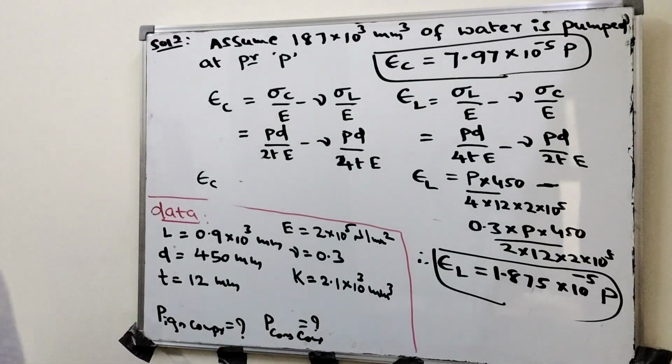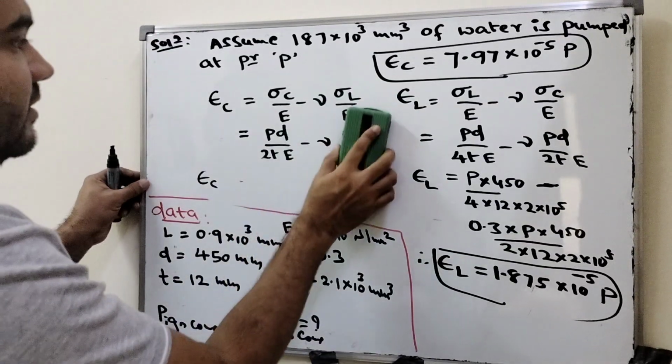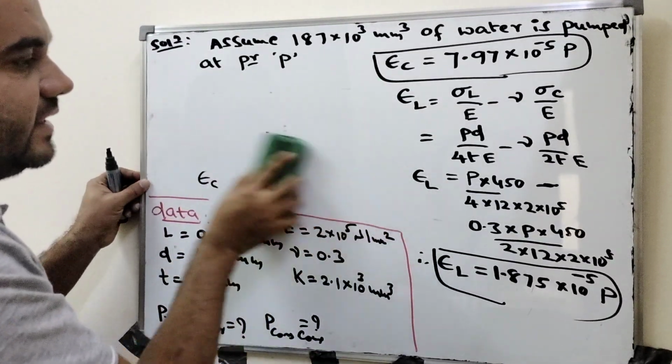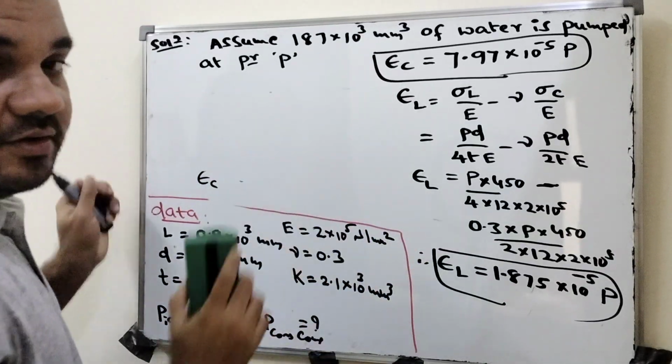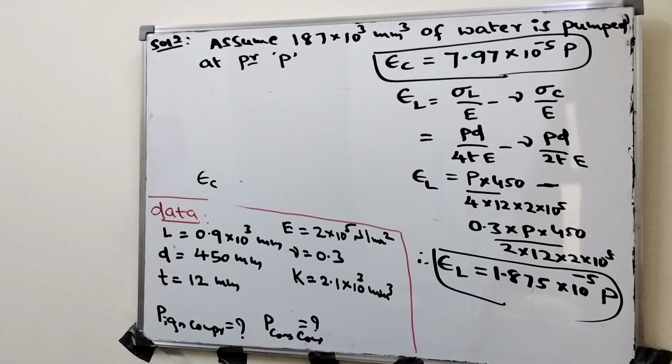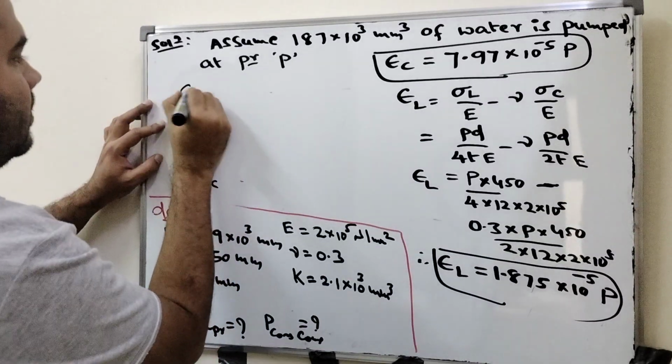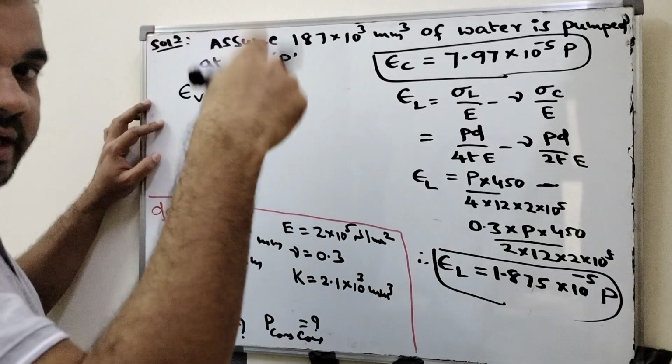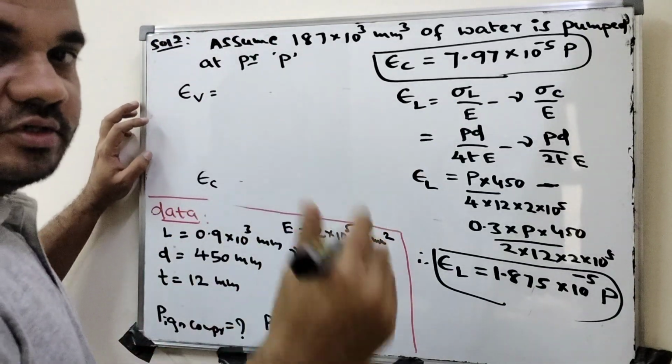We know the relation between the volumetric strain and the circumferential strain and the longitudinal strain. Now apply that equation here. Volumetric strain equal to 2 times circumferential strain plus 1 time longitudinal strain, right?